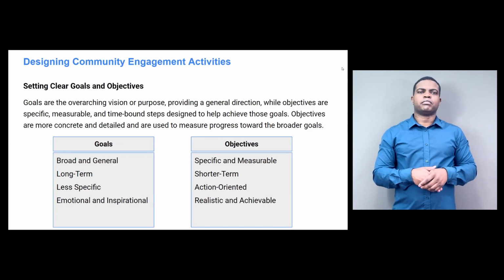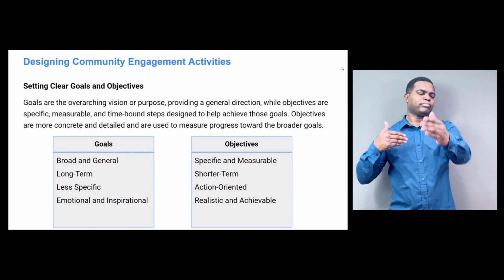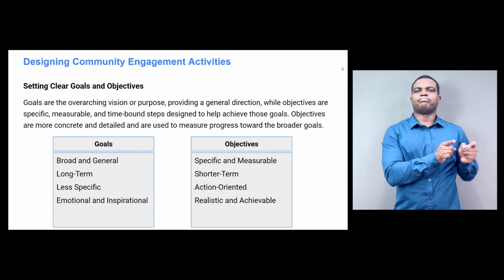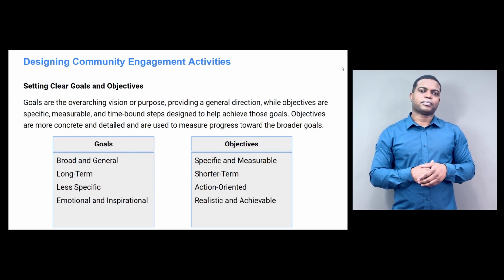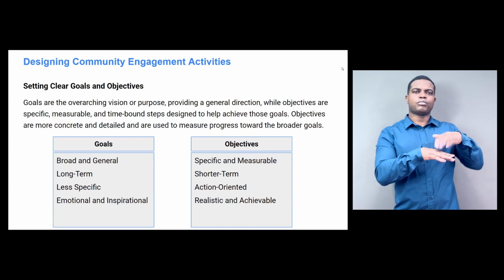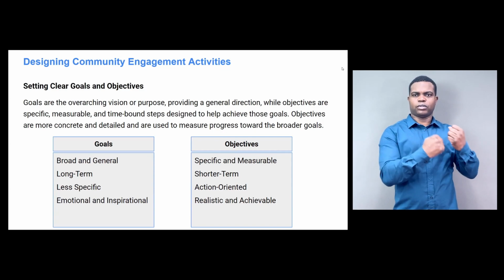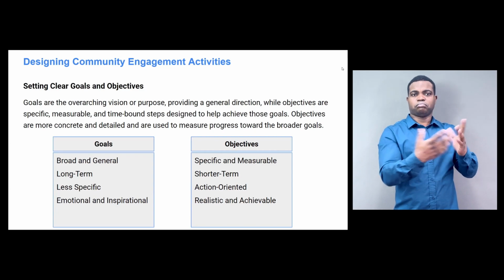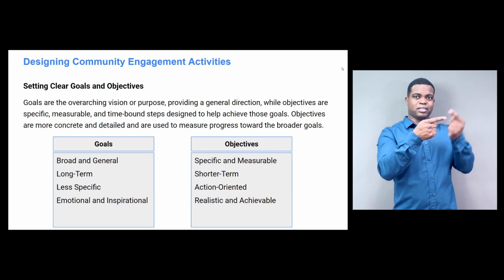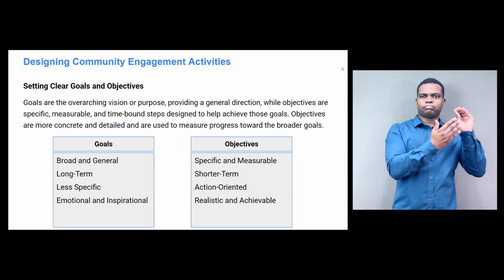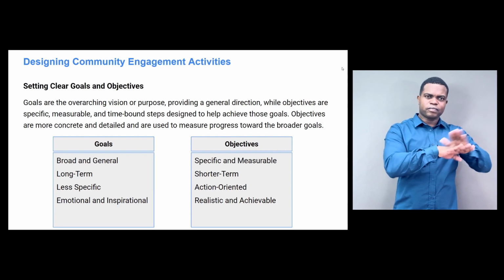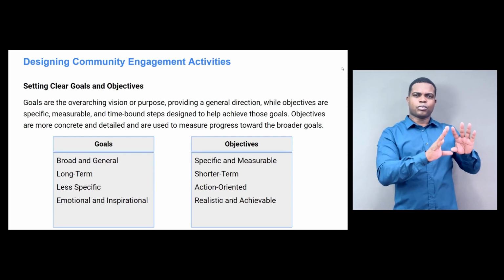They also are for shorter term. So objectives are usually set for shorter periods, such as during an initiative that is set to be carried out within a specific time frame.